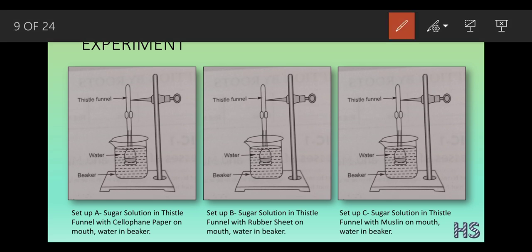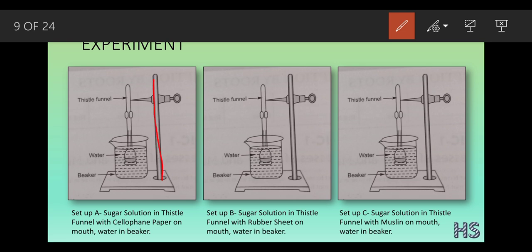Now this is an experiment time. Let's understand the importance of the semi-permeable membrane, SPM, I'm going to use this shortcut. See, these are the apparatus. Before starting the experiment, I would like to name some of the apparatus.